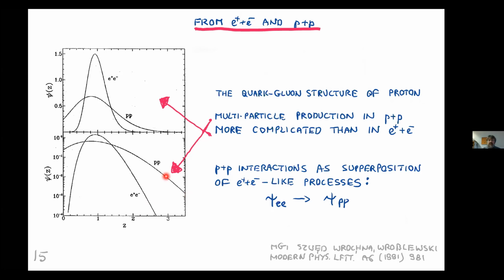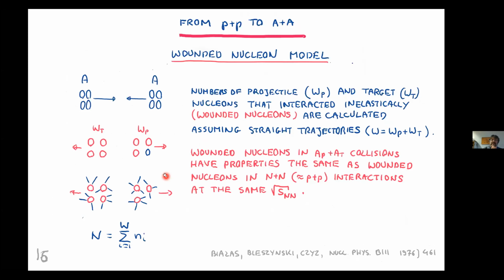But if, again, I repeat, you assume scale invariance, energy invariance of these random variables, we talk about the fractions or numbers of strings, fraction of energy, then the scaling is preserved. So we are now very well prepared to move from pp to AA collisions.